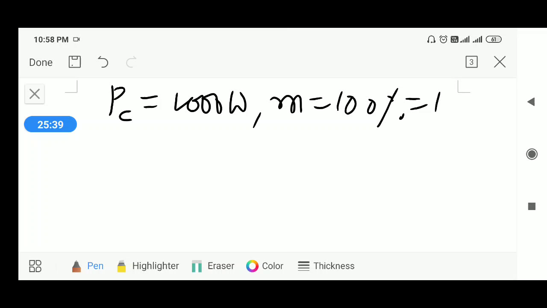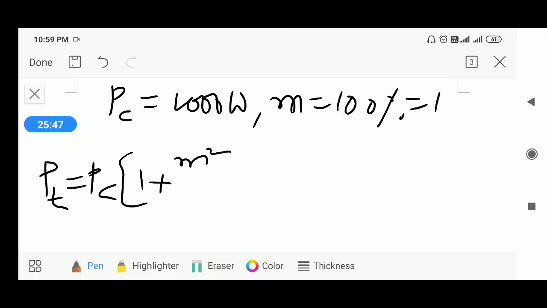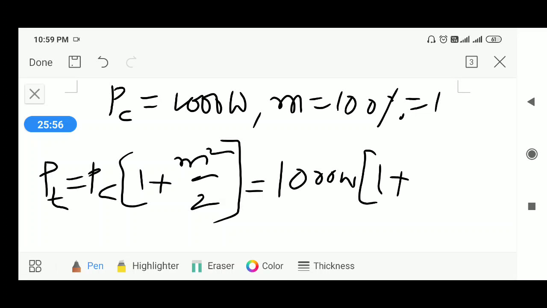Total power, what is the formula for total power? PT is equal to PC into 1 plus, this is about AM, M square by 2. 1000 watts is the carrier power, 1 plus M square, 1 square by 2.